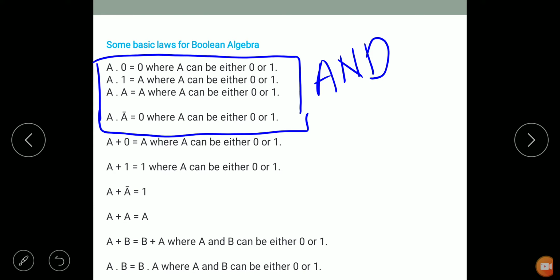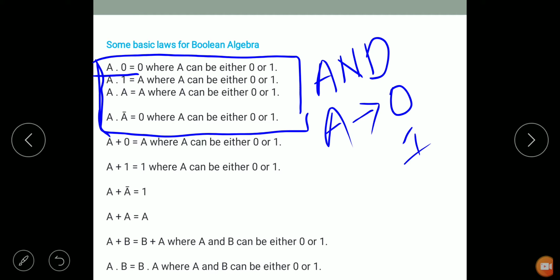In the AND law, the first law is A dot 0, where A can be either 0 or 1. The value of A for all these four may be 0 or 1.